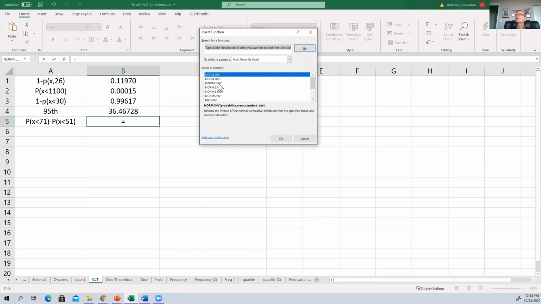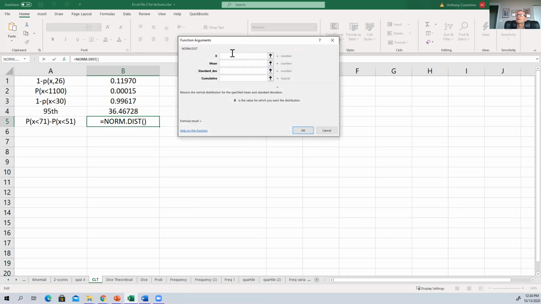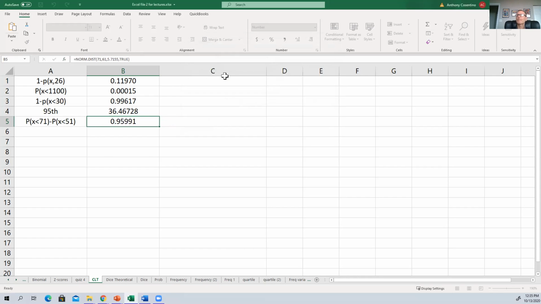So that would be norm.dist in this case. The first one is 71. The mean is 61. Our standard deviation is 5.7155. And then we'd have true. So you can see 95% is from 71 down. Now what we want to do is go back up here and subtract the 51.